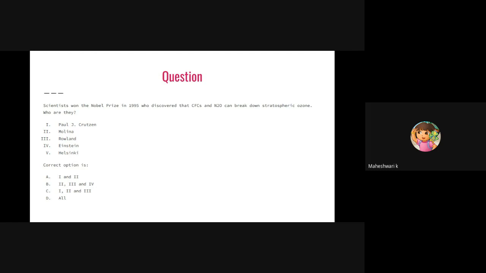Jyoti21 at iiserb.ac.in. Yes, .ac.in, not .com.